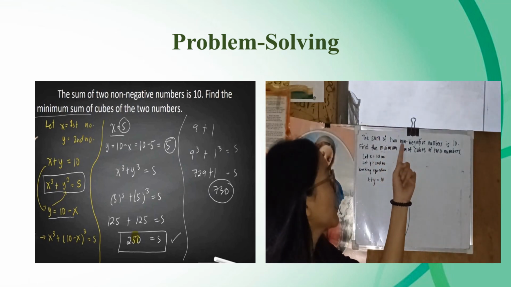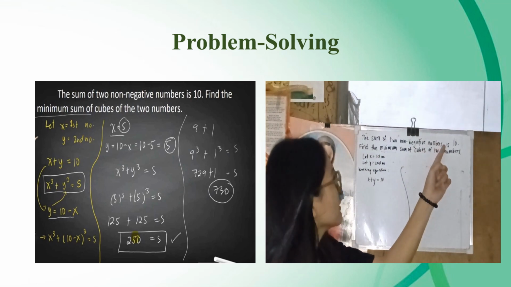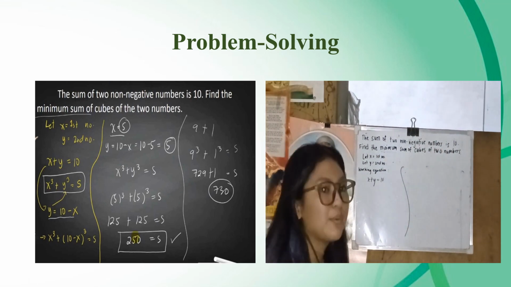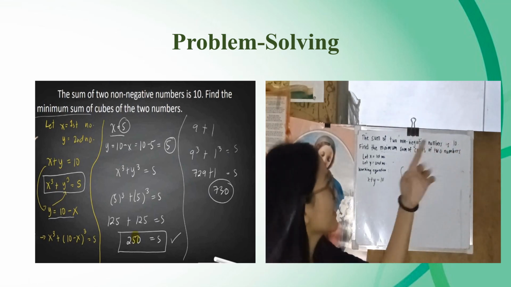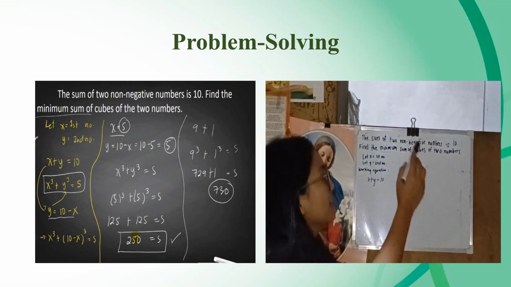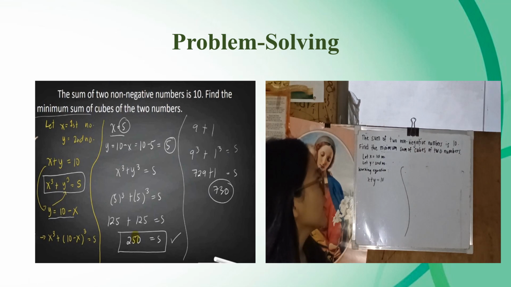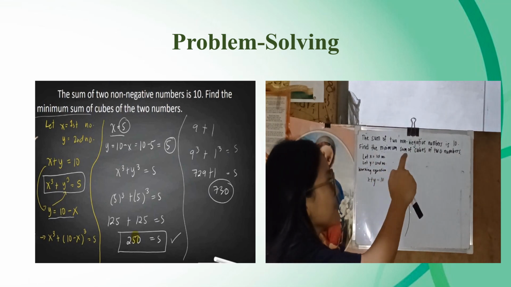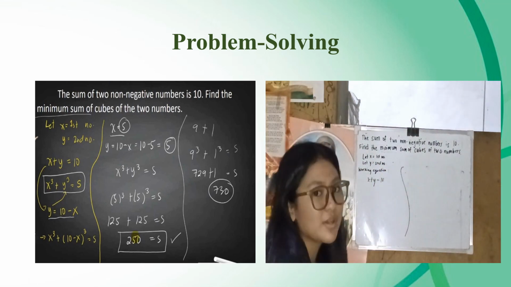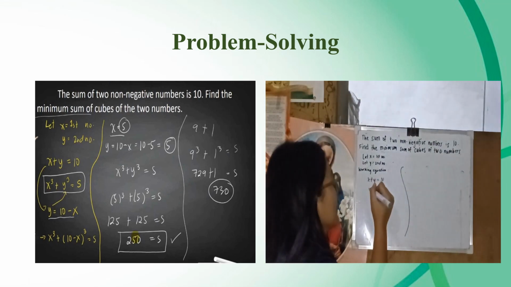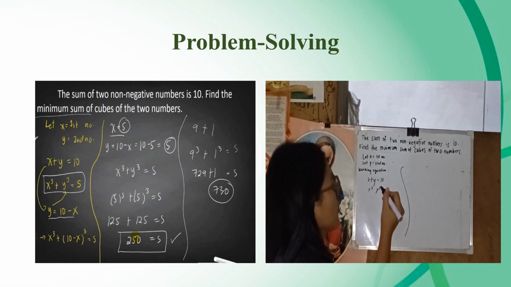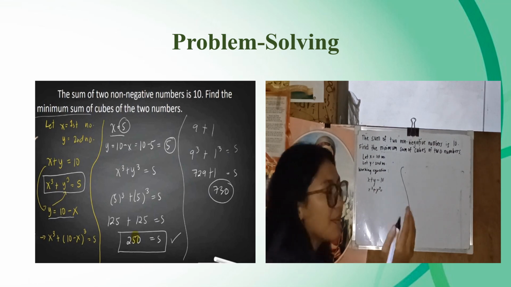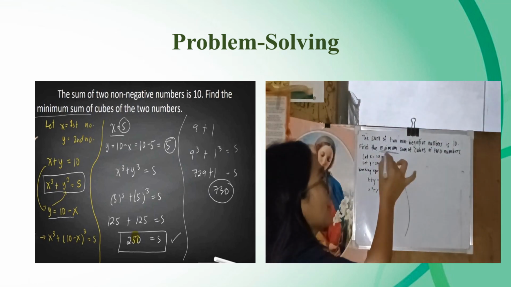The sum of two non-negative numbers is 10, so we will consider positive values whose sum is 10. Then find the minimum sum of cubes of the two numbers. So if I let x cubed and y cubed, their sum should be minimum.